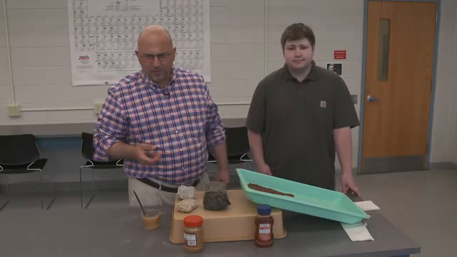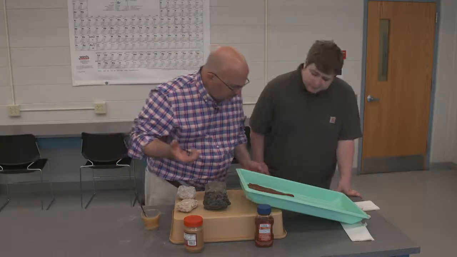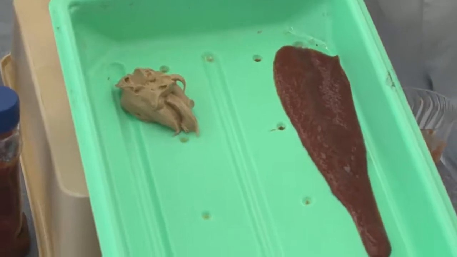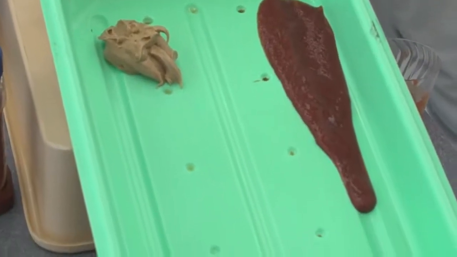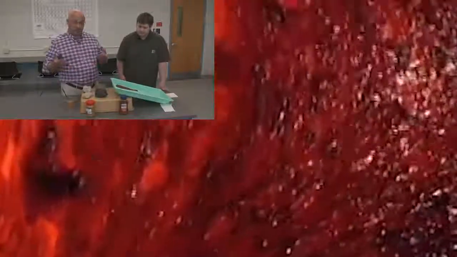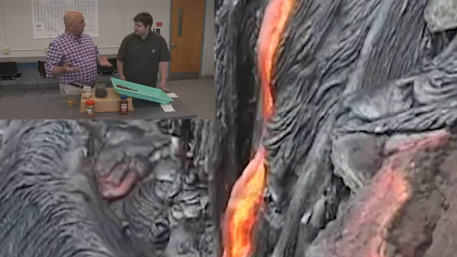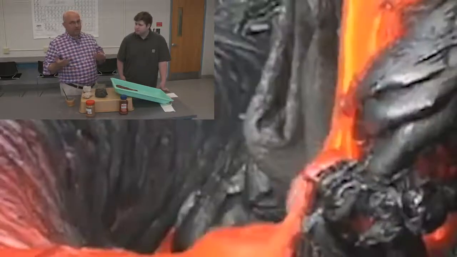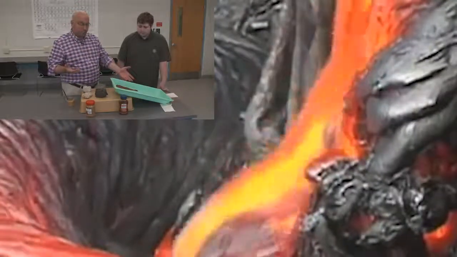All right, so we're back a few minutes later, and it's moved a few more centimeters. Yeah, so just because it's mafic, it doesn't mean it's going to flow like water. I know that if you've been watching the Kilauea volcanic eruption, some of that lava looks like it's moving quite fast, but it is much hotter than our room temperature ketchup.